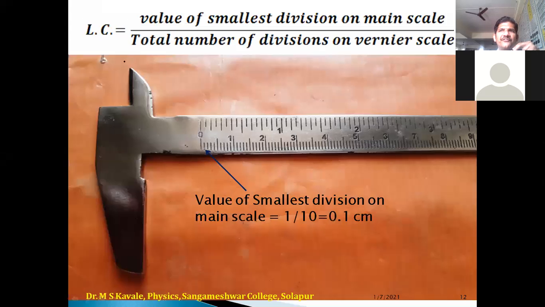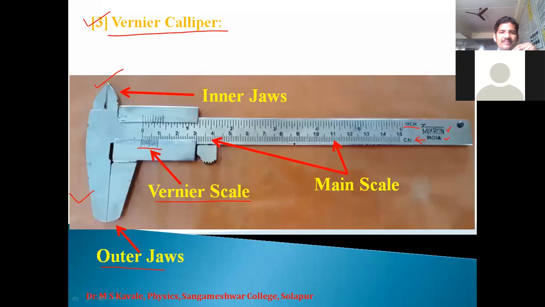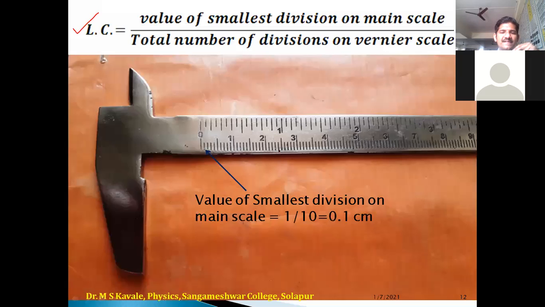Now, we know very well that least count is the ratio of the value of the smallest division on the main scale divided by the total number of divisions on the Vernier scale. So here, to observe the value of the smallest possible division on the main scale, the same Vernier caliper is shown in this photograph. Here 0, then 1, 2, 3, 4.